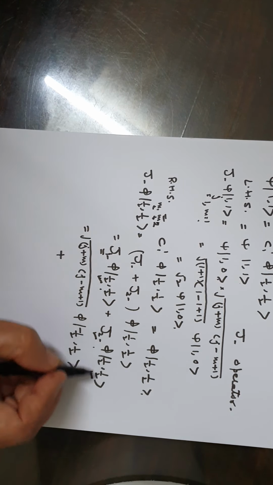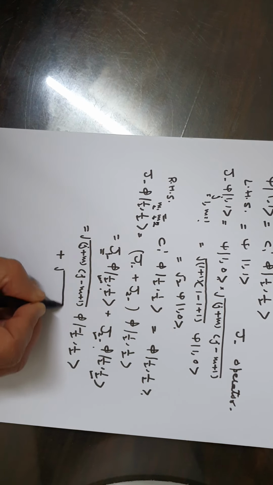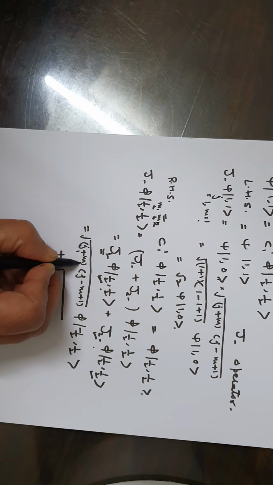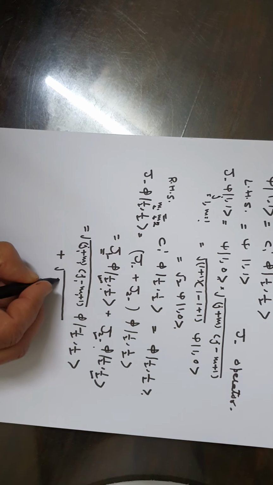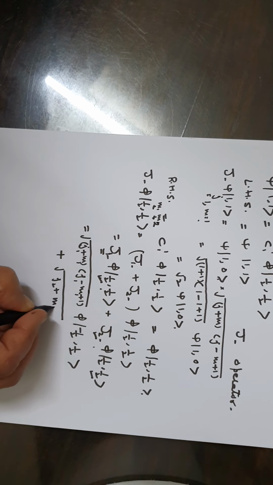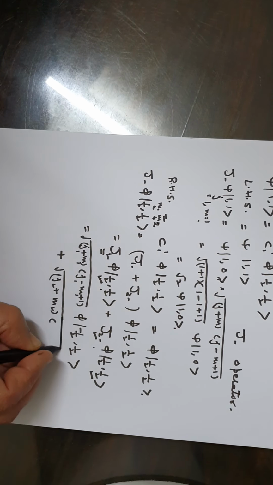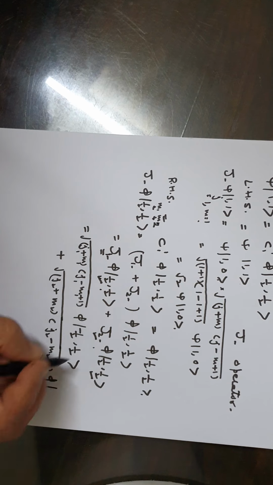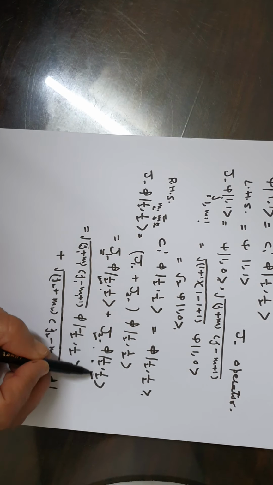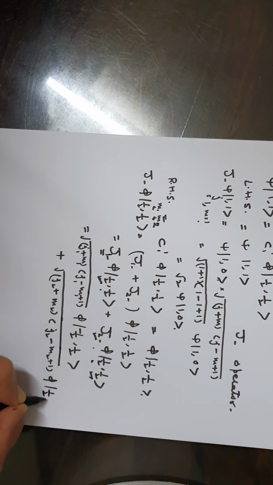Plus j2: under root j2 plus m2 into j2 minus m2 plus 1, and in the phi state there will be no effect on m1 but m2 will decrease by 1, so it will be minus 1 by 2.